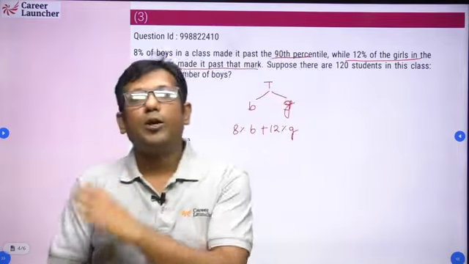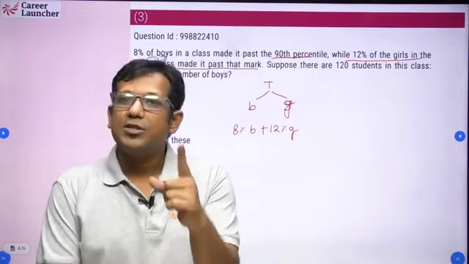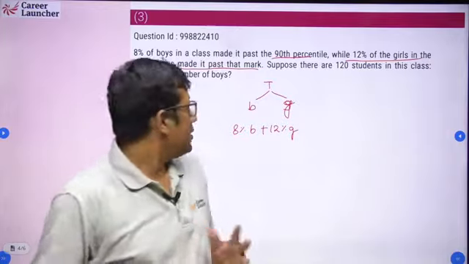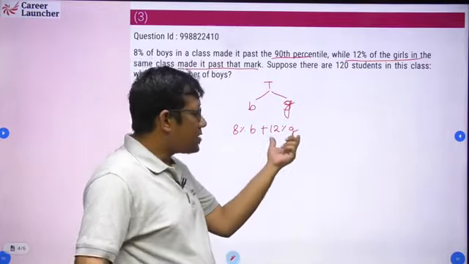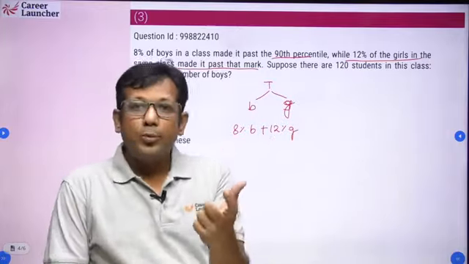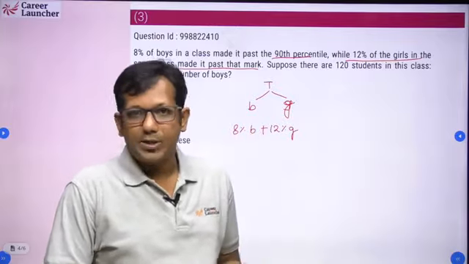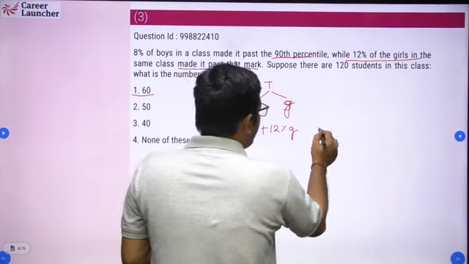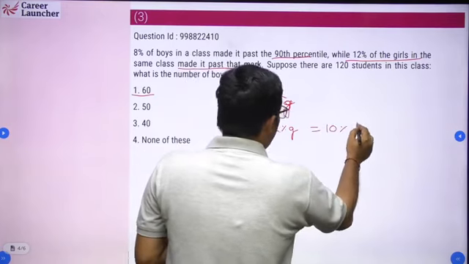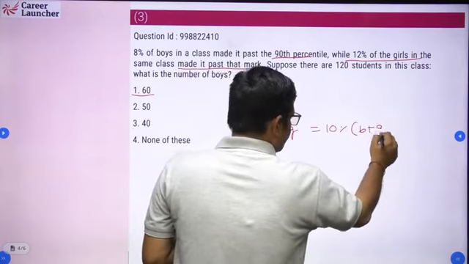So how many people are going to be above the 90th percentile? That is going to be 10% of the total class. So 8% of the boys plus 12% of the girls should be equal to 10% of the total people, because they are above the 90th percentile, right? So that is equal to 10% of the total class, that is B plus G.